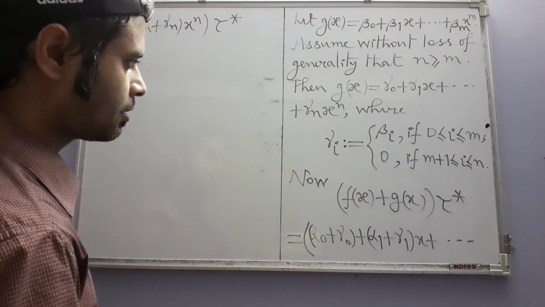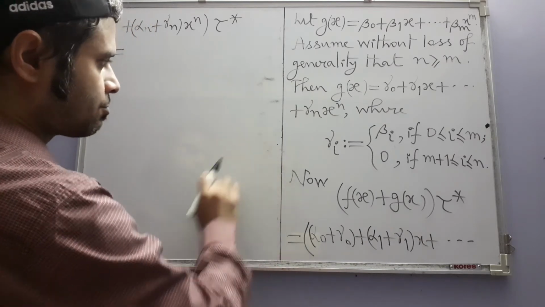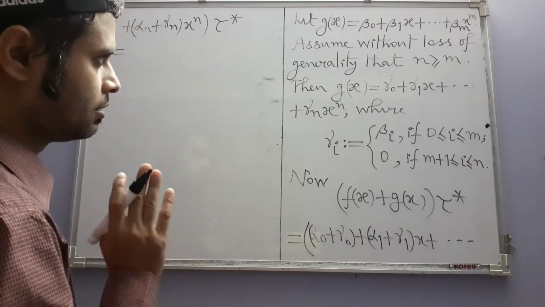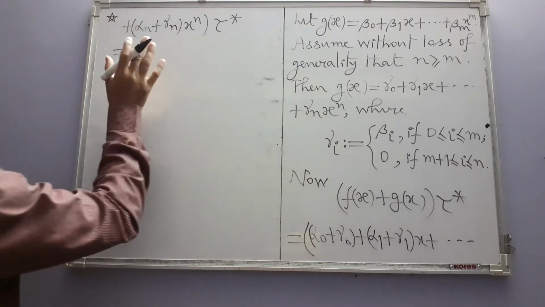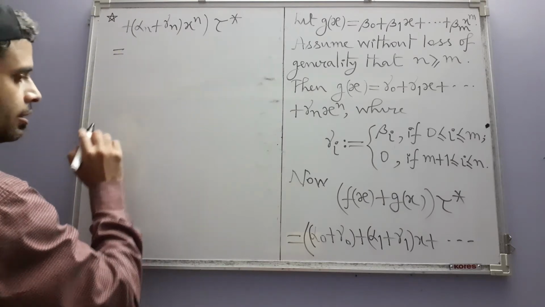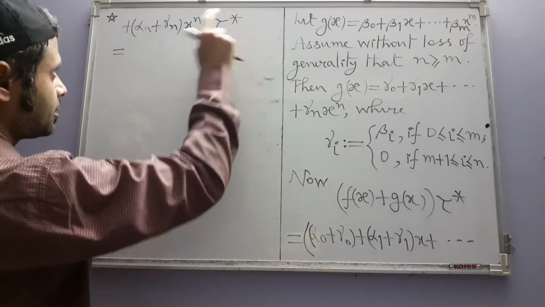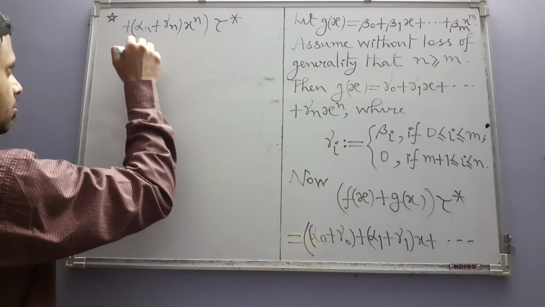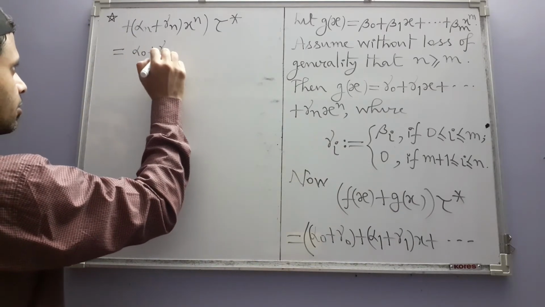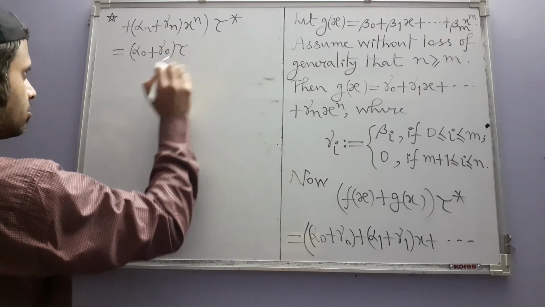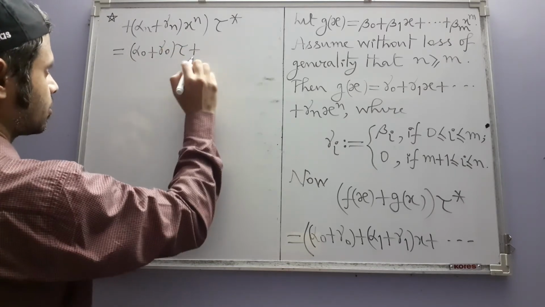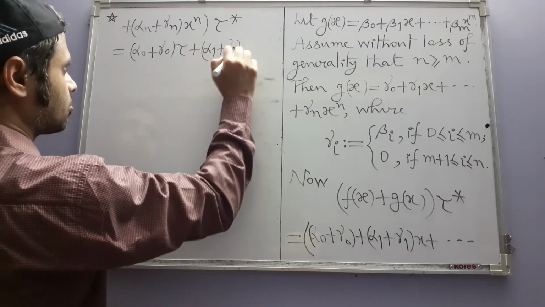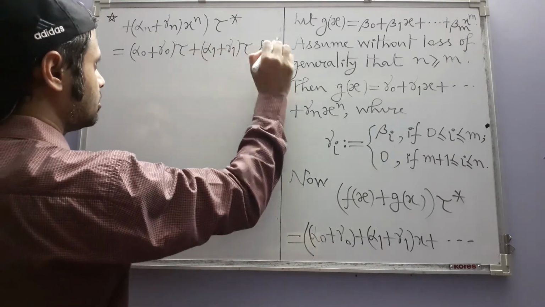Now, for the sake of clarity, let us for once not just use this prime notation and see what this thing is going to be in detail. That is, if we apply tau star on this polynomial, then we are now going to get alpha naught plus gamma naught tau, the tau image of this, plus the tau image of this t.